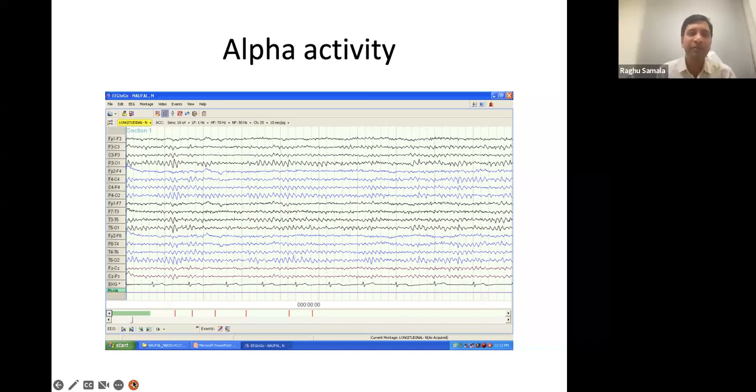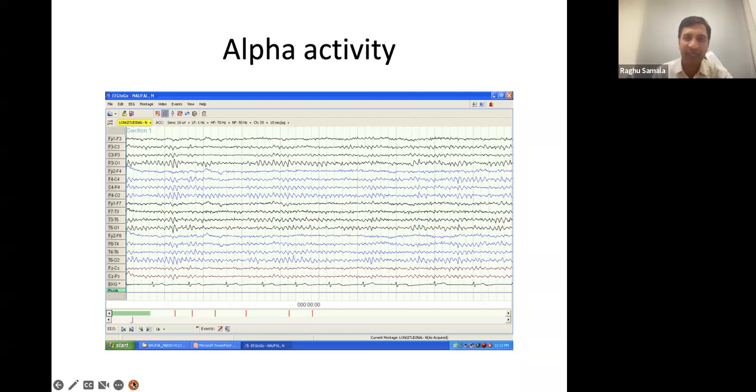When you are seeing this slide, don't think about what is the voltage, what is the montage, what is the channel and those things. First, be familiar with what you are seeing on this one. You are seeing some waves, and they are like sine waves. So what you are going to record from the brain is sine waves. They are like AC current. All of us know AC current is like a sine wave current.